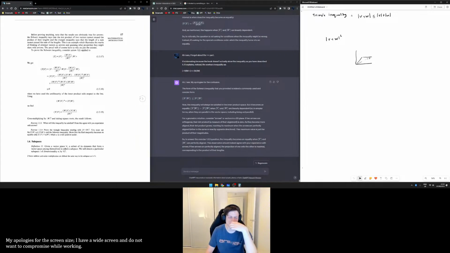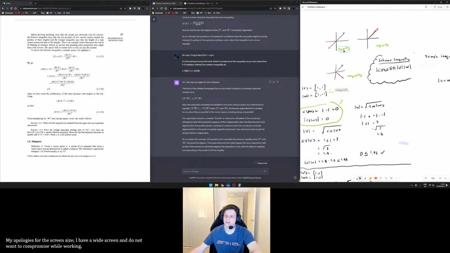And so that's one way of saying that if they're not parallel, if I just go back a second, because we said that there is equality when they're parallel, and when they're perpendicular there's an inequality.